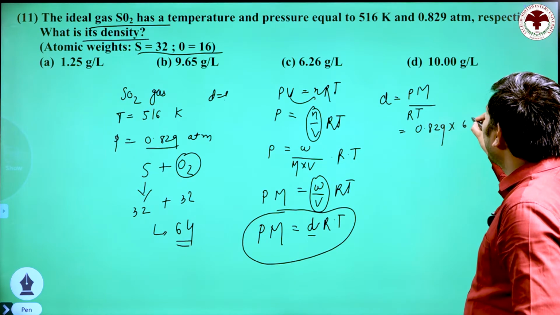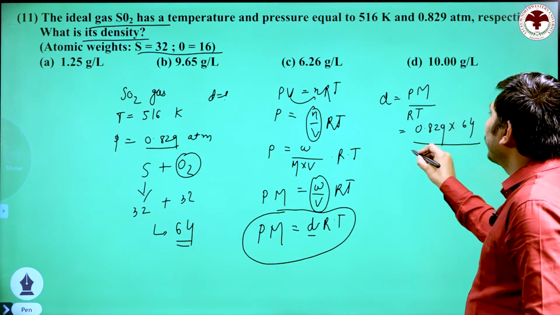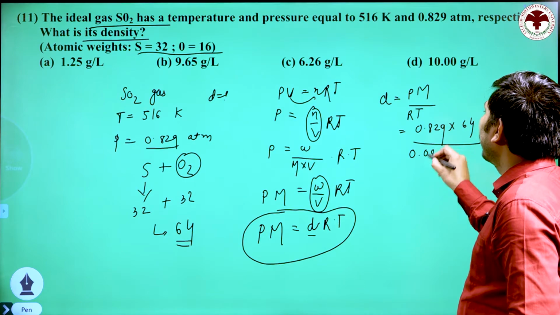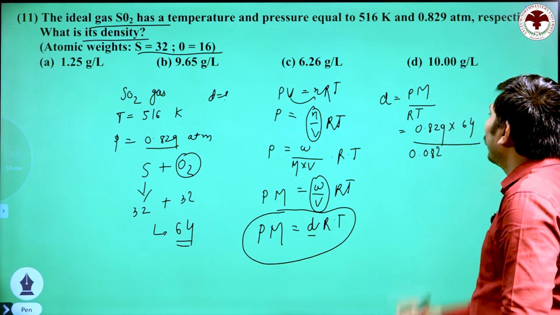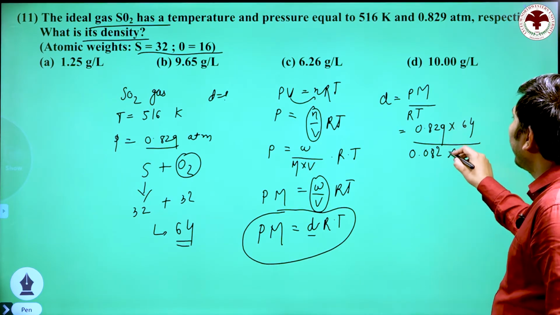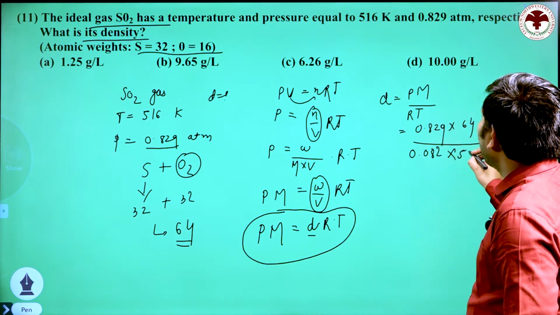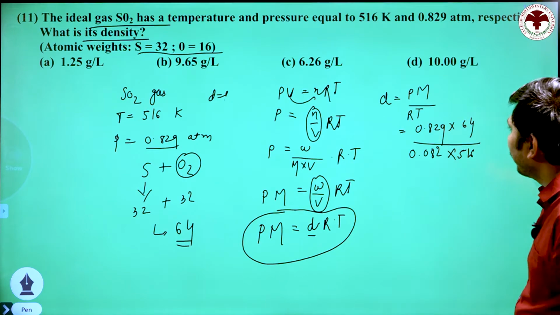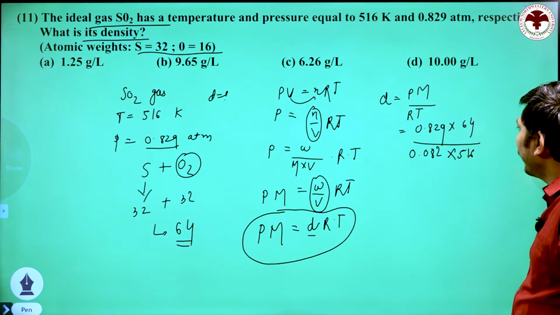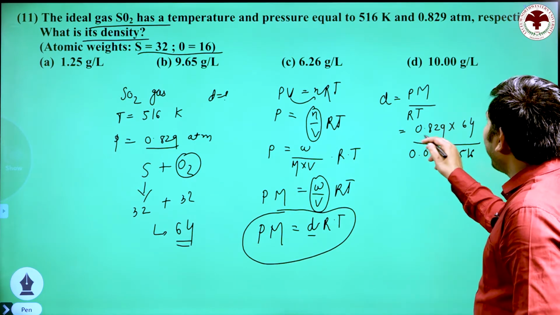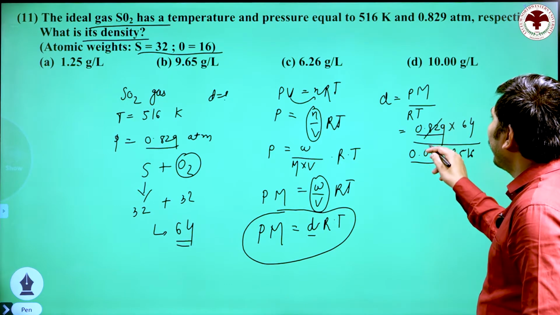Into 64. What is the value of R? R is simple, 0.082. And what is the value of T? Temperature, how much temperature? 516 Kelvin. So it is simple to calculate. This 0.8 and this 0.08 cancel out.